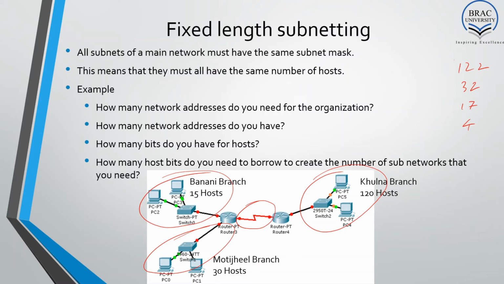So among these 4, the largest is 120, and to satisfy 122 numbers, the smallest size that we can give them in the power of 2 is 128, right? These are 122 burgers. You need 122 burgers for your party, right?